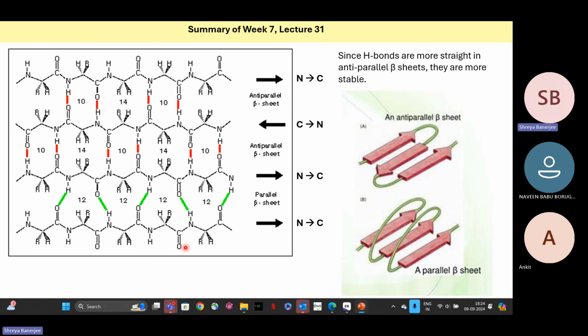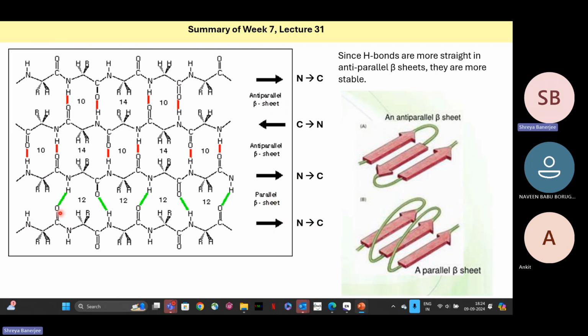The fourth strand is again NH to CO, that is N to C. So between the third and fourth strand, both are in the same direction. You can see NH here, NH here, CO here, CO here. So the atoms are the same between the two strands. Because they are in the same direction, they are called parallel beta sheets.